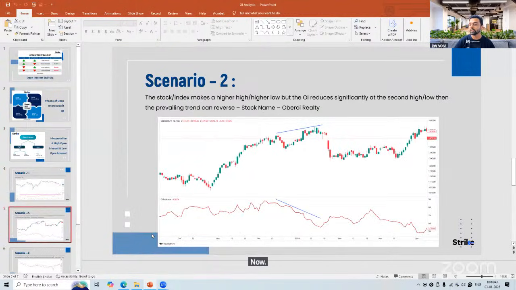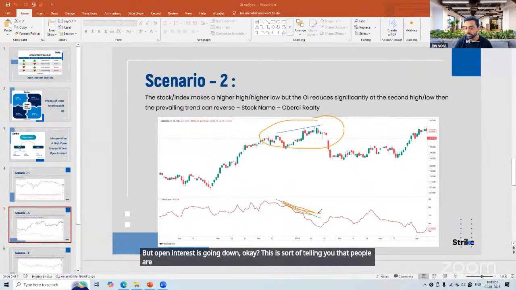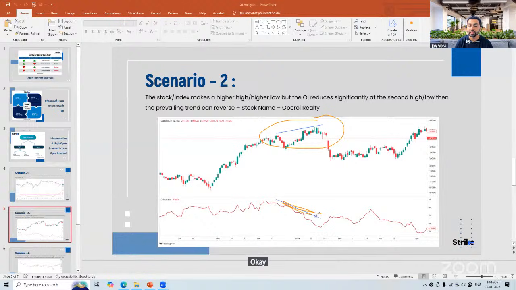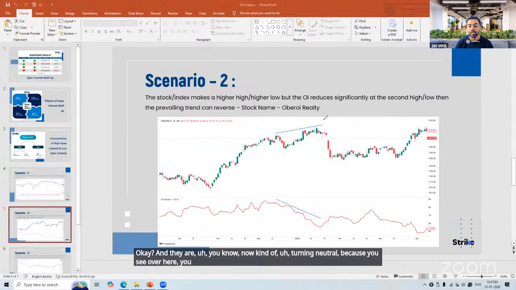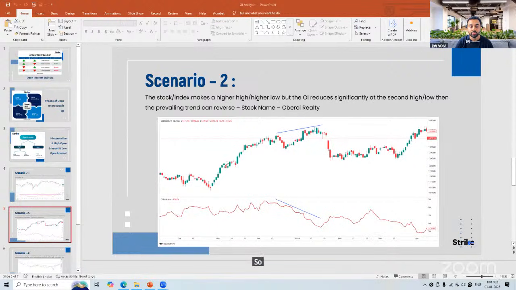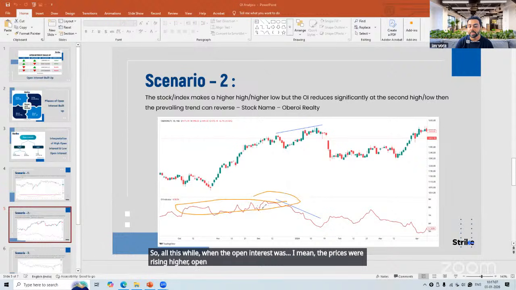Now this is the scenario where prices rise higher, but open interest is going down. This is telling you that people are cashing out of their positions and are now turning neutral, because you see over here prices went higher. All this while, when the prices were rising higher, open interest was intact, right?